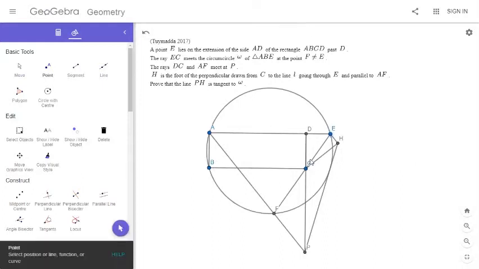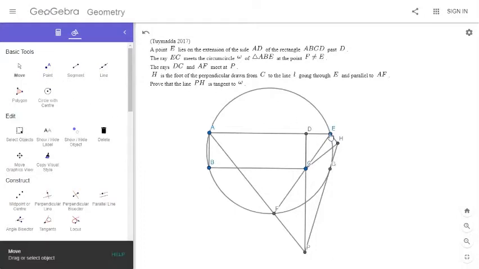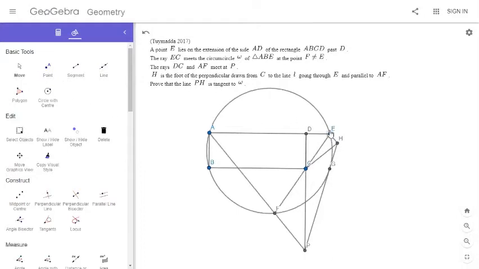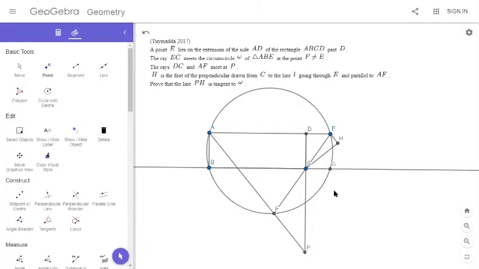So is that point of tangency special at all? Is there something about it? Are B, C, and G collinear? They look like it. So it looks like we could let BC meet the circle at a point, and then we want to show that P, G, and H are collinear. And maybe we have a lot of cyclic quads here.